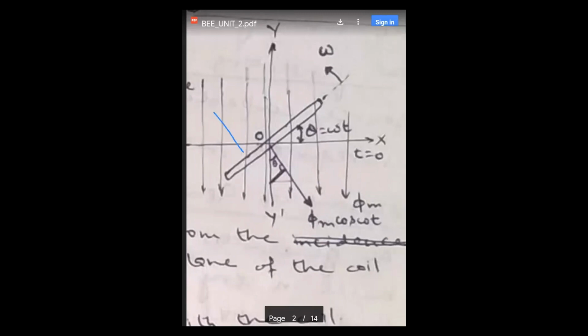So now this is the perpendicular flux associated with the rectangular coil.